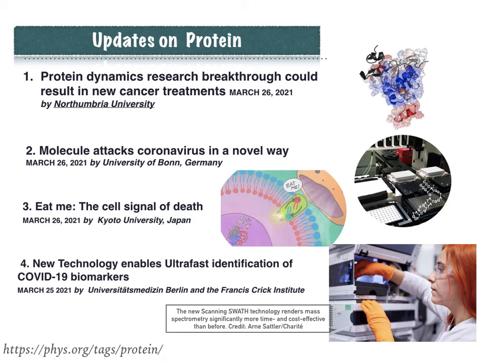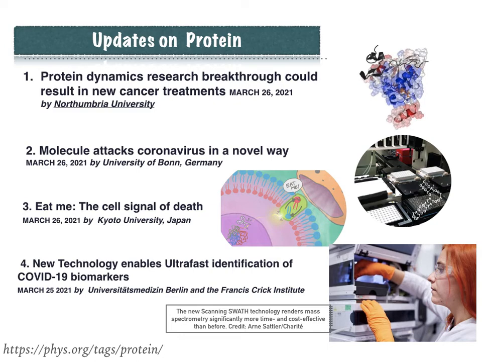Next is the molecule that attacks coronavirus in a novel way, which was conducted by the University of Bonn in Germany. Scientists at the University of Bonn and the Caesar Research Center have isolated a molecule that might open new avenues in the fight against SARS coronavirus 2. The active ingredient binds to the spike protein that the virus uses to dock to the cells it infects.